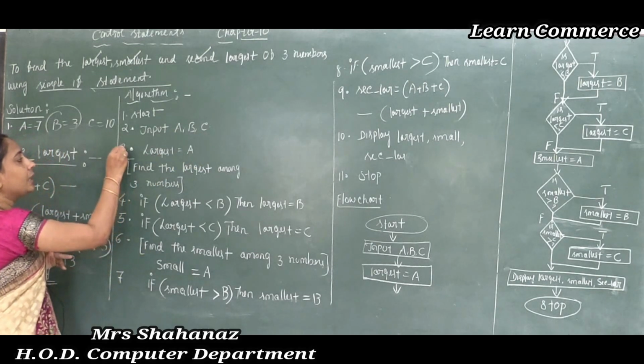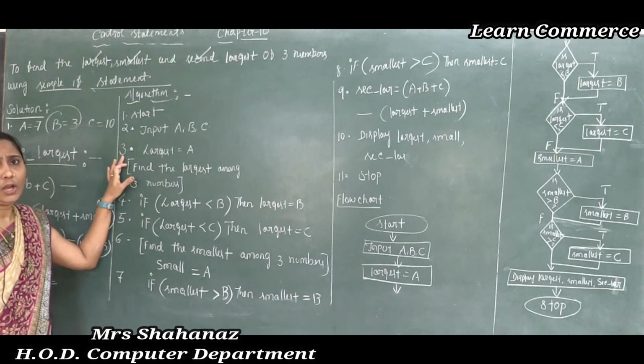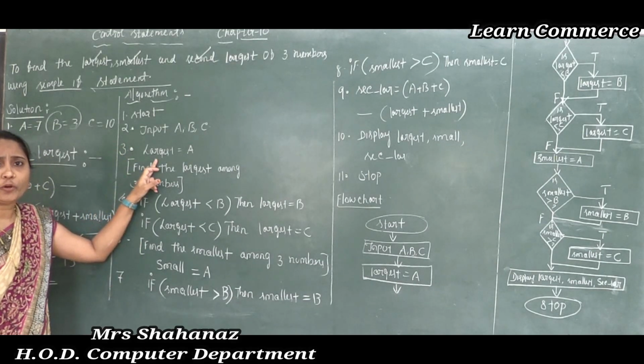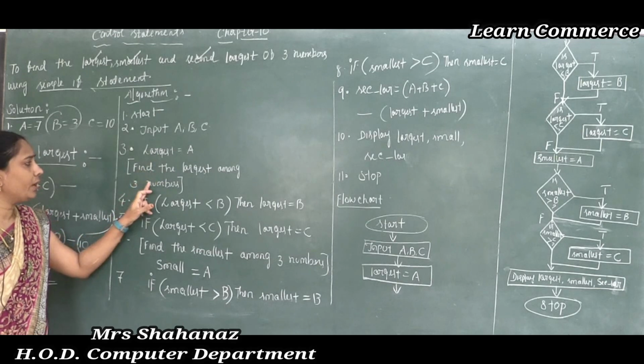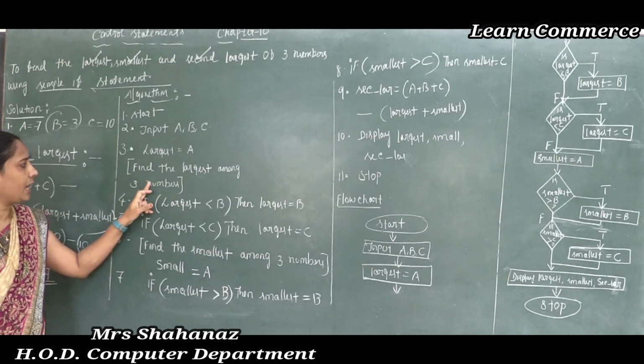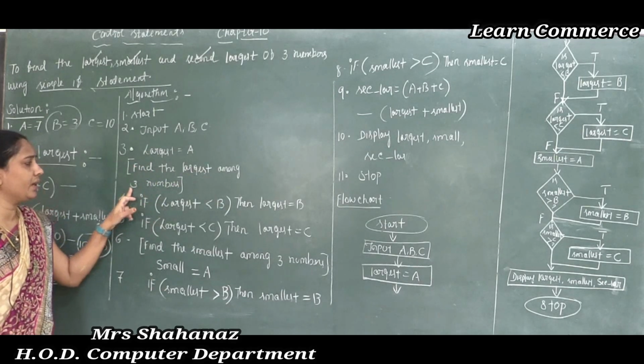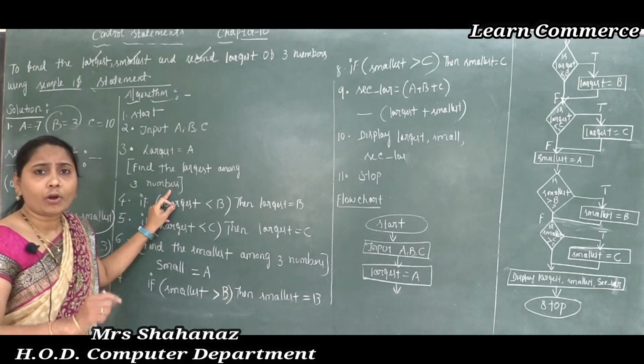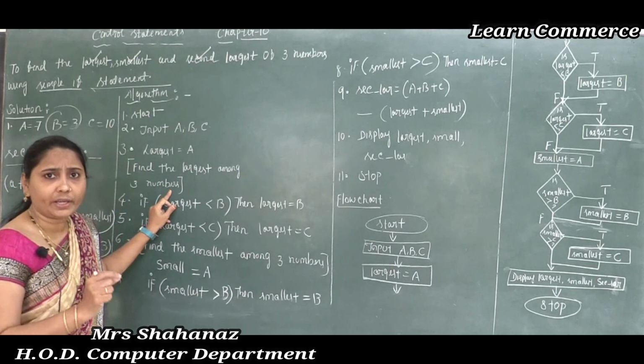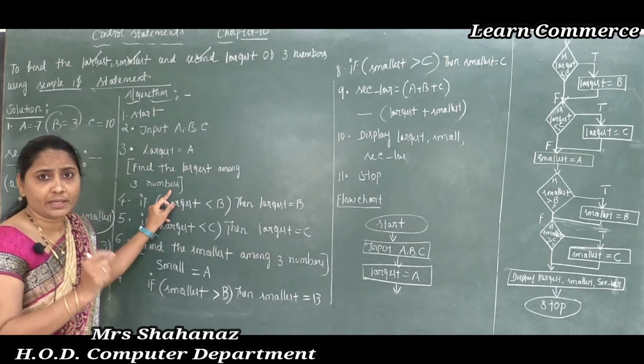Okay, and later step 3. First of all, before making any comparison, we need to write one comment line: find the largest among 3 numbers. Now I am going to find out whichever is the largest.